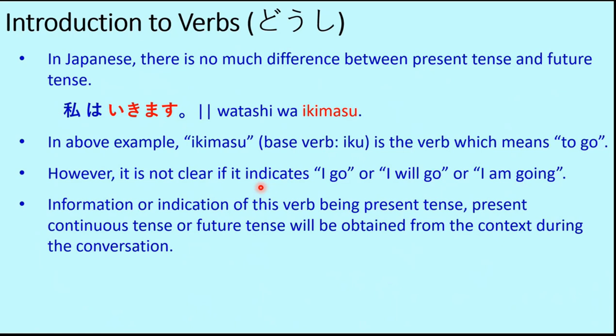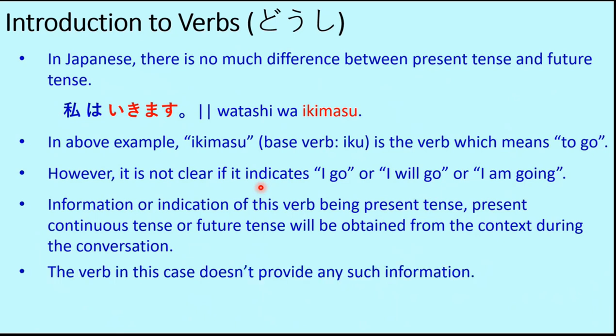So just by saying watashi wa ikimasu, it won't be clear whether I will be going or I am currently going or I generally go. So this is the difference of Japanese from most of the other languages. The verb in this case doesn't provide any such information about the correct tense belonging to the present or the future.